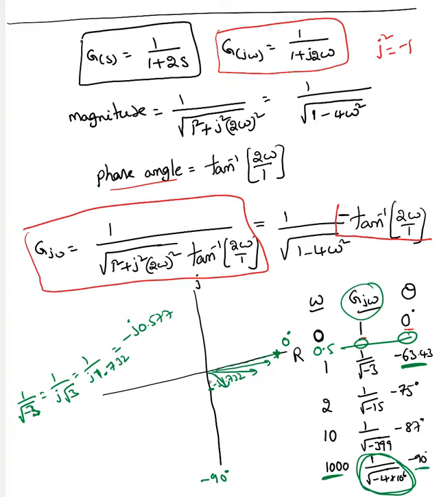So that means when omega value is changing, that magnitude is reaching 0 here. So when I draw a real graph at omega equals 0, it's starting at 0 degrees and ending at minus 90. Okay, so this is the graph of 1 over 1 plus 2s.